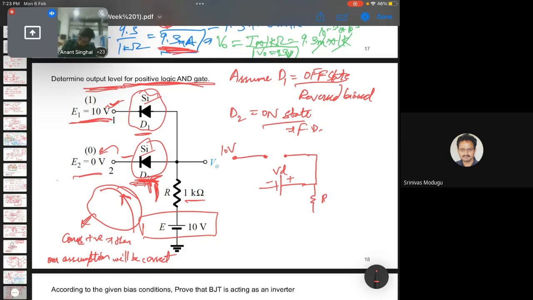Again, there is a resistance R, which is 1 kilo ohm. There is a 10 volt here, and there is a ground here since it is 0 volt. Is there any doubt in this circuit? I hope it is clear.